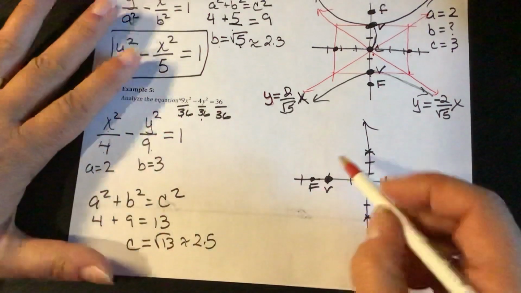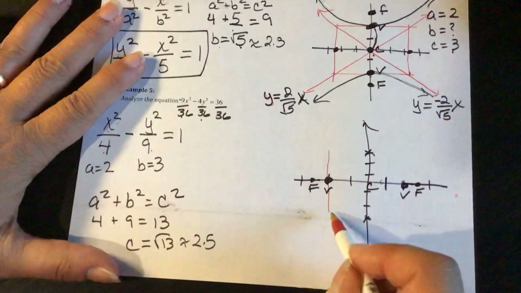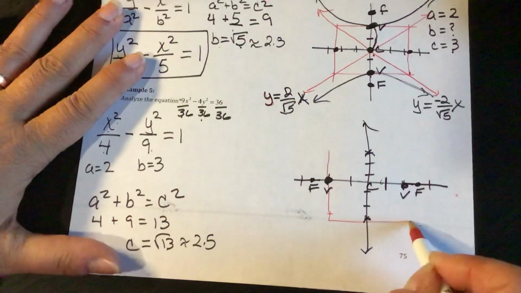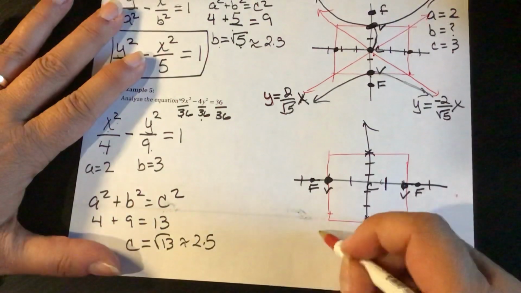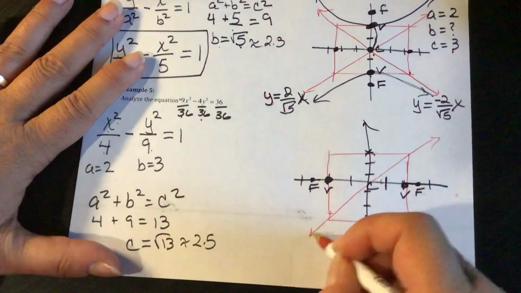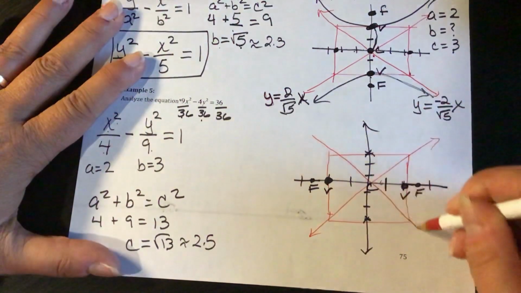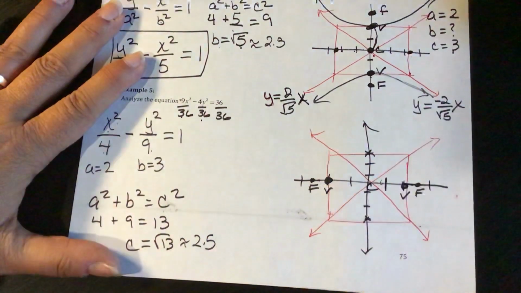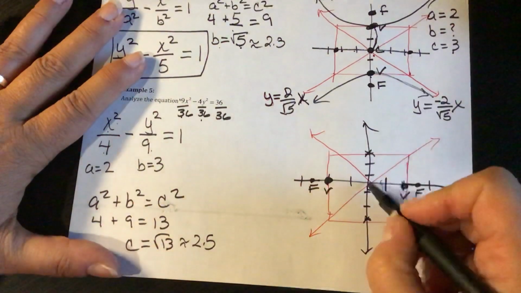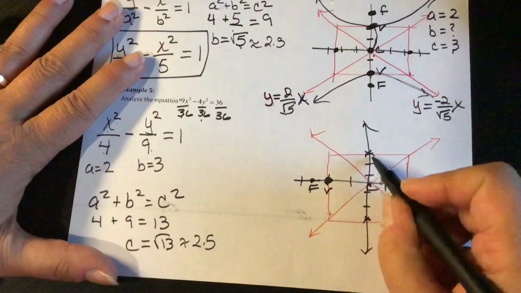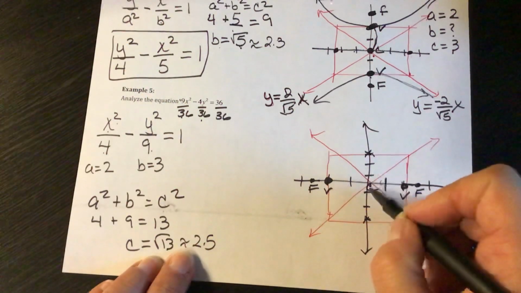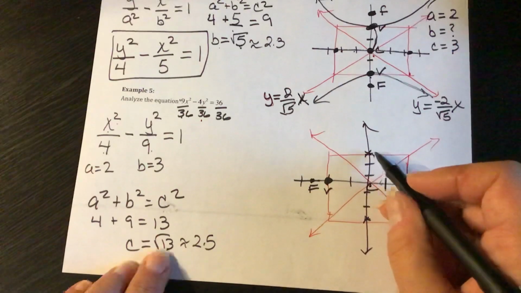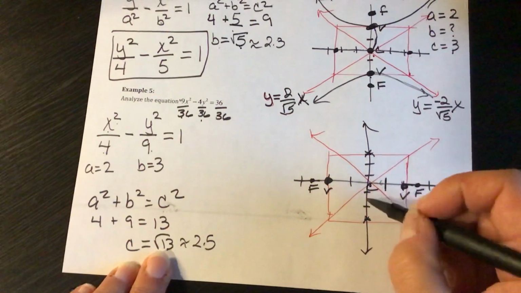So now I can draw my box. Around my vertices, I can draw the diagonal slant asymptotes. I can write the equation. My equation is up to this point, which is 2.5, or no, what is that?